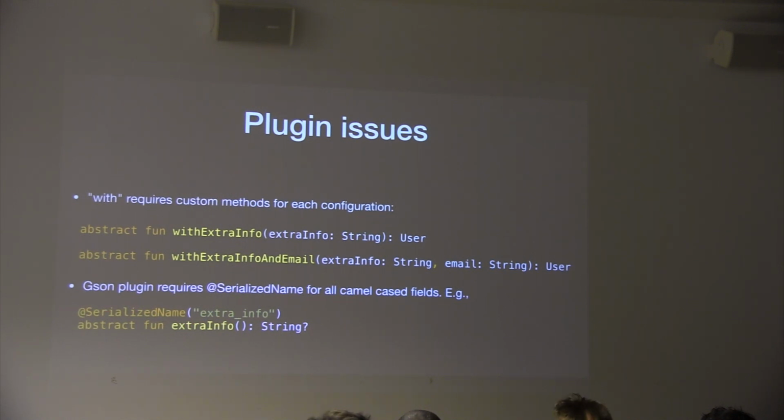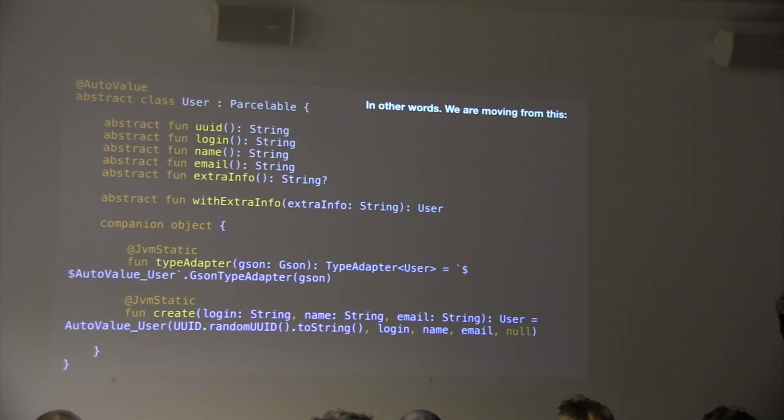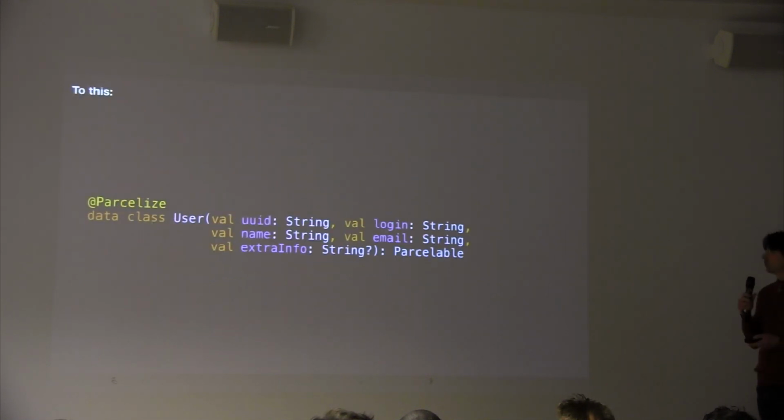So you have to, for every field in your class that is camel-cased, add a serialized name with the snake-case version of your field. So in other words, what we're doing is, here's our AutoValue user class, and we are moving from this to this, which is a much simpler, concise way to code and achieve the same thing.